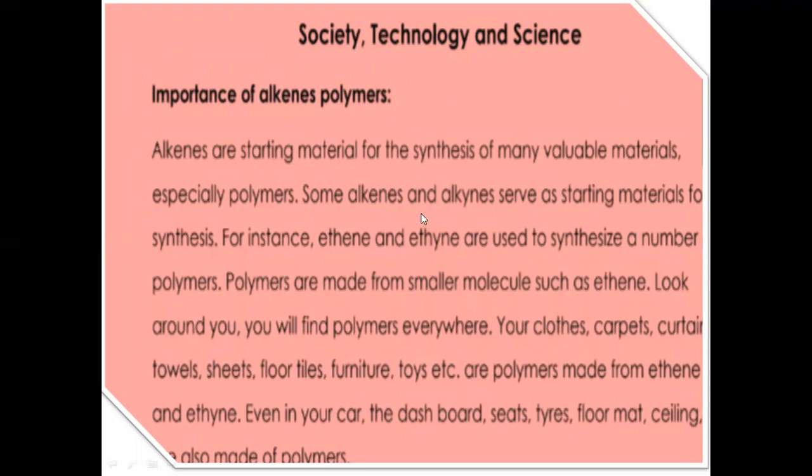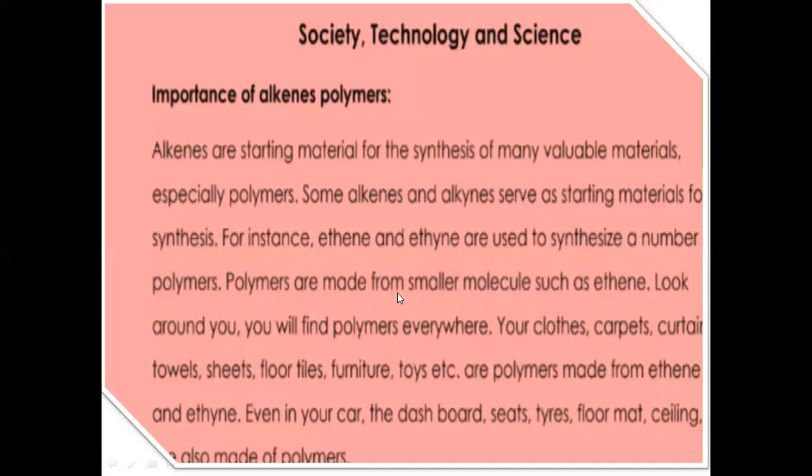Some alkenes and alkynes serve as starting material to synthesize them. Alkenes are double bonded carbon containing compounds, and alkynes are triple bonded carbon containing compounds. For instance, ethene and ethyne are used to synthesize a number of polymers, not only polyvinyl chloride, but they also make other polymers as well.